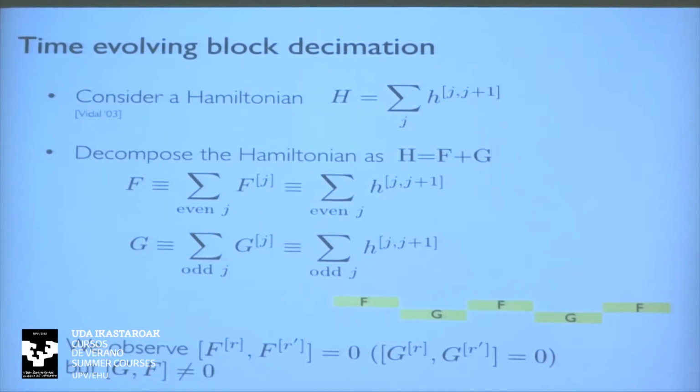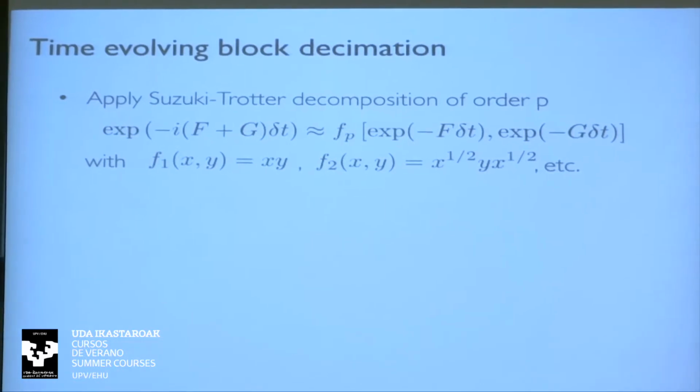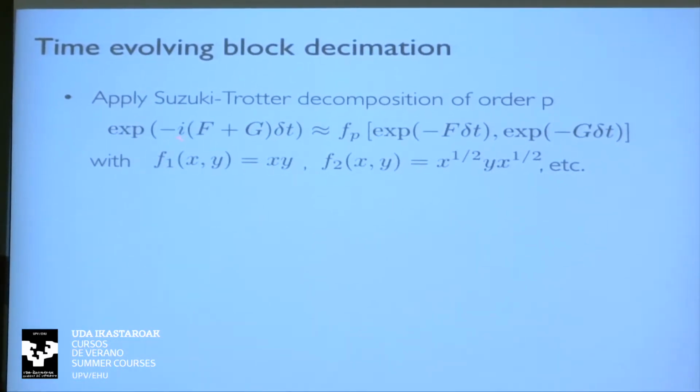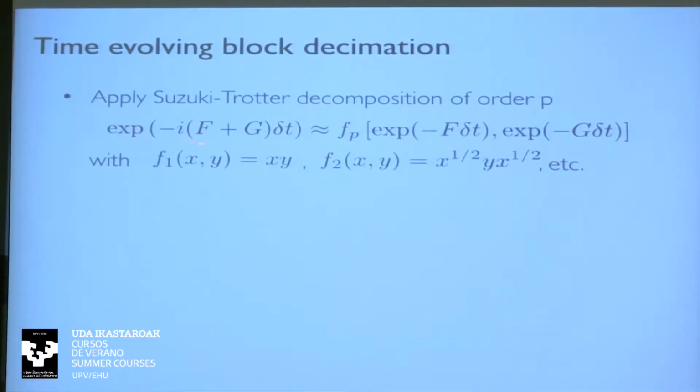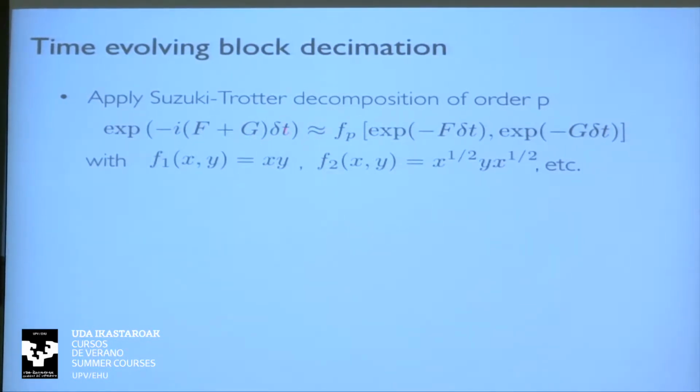However, we see that G and F do not commute because, for example, this G and this F here overlap, which means that if we have maybe some X operator here and a Z operator here, then they would not commute. But this leads us to the so-called Suzuki-Trotter decomposition, because now what we can basically do is, if we have our time evolution operator with the full Hamiltonian, F plus G, we can approximate it in certain orders.